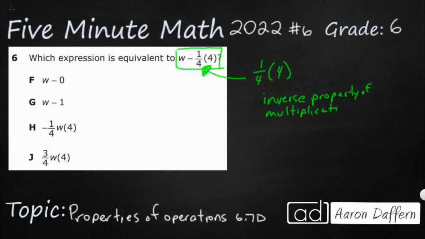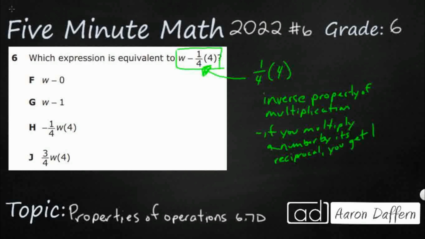What it says is, if you multiply a number by its reciprocal, now we have to know what a reciprocal is, you're going to get 1. A reciprocal is a number that you think of as the opposite of another number, kind of flipped up. You get 1. So let me show you how this works.